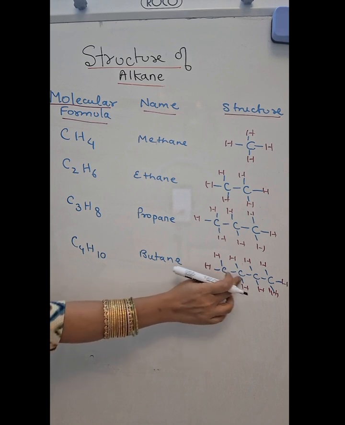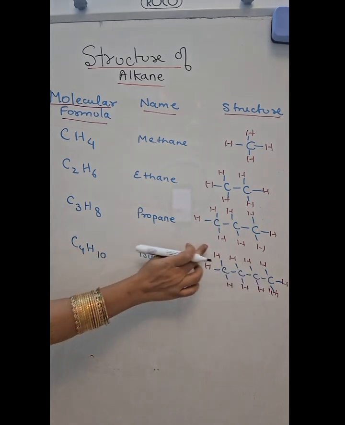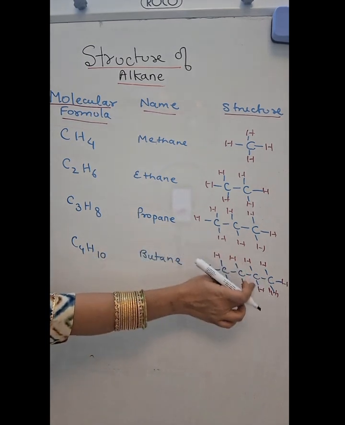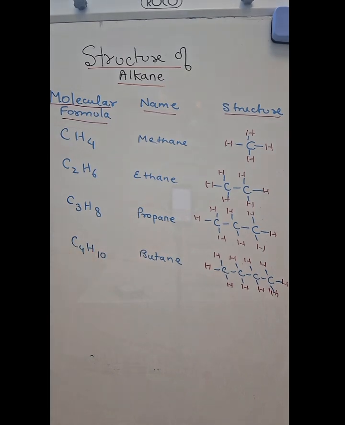So you check 4 carbon, and 1, 2, 3, 4, 5, 6, 7, 8, 9, 10 hydrogen, 10 hydrogen. Okay. In this way, we can continue for as many carbon and hydrogen as are present in our alkane. Very simply, we can show its structure by showing carbon-carbon single bond and rest satisfying with a hydrogen.